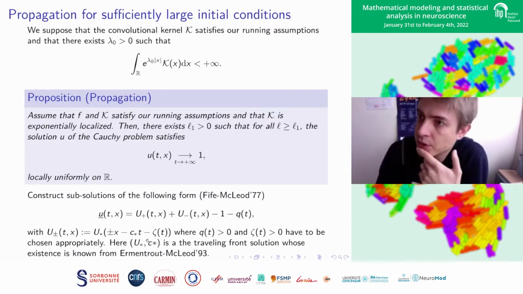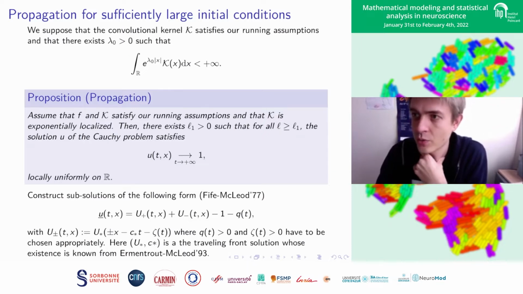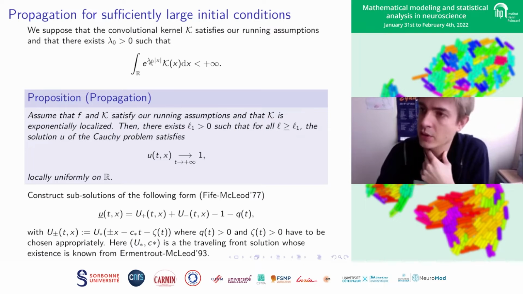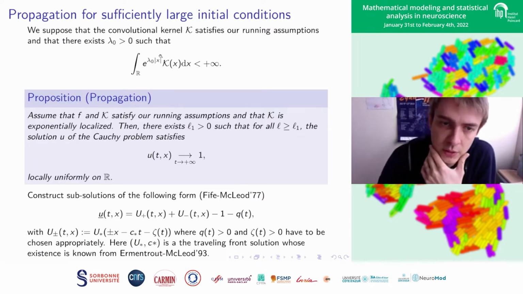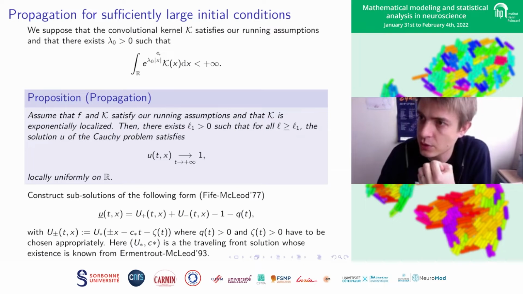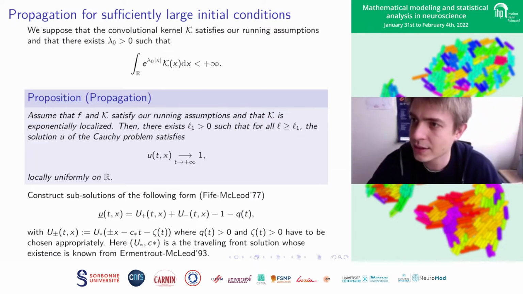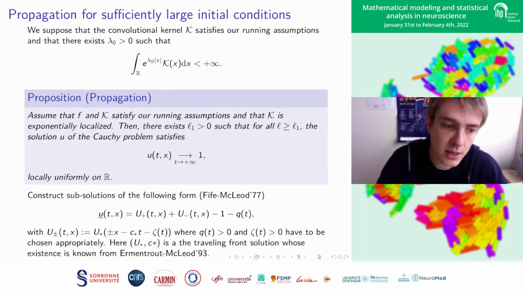And for these fronts, I need to have some information on their decay at infinity. And it's easier if they decay at some exponential rates. And this, you can ensure if the connectivity kernel also is exponentially localized. So this is why I need to introduce this technical assumption that I think should be relaxed somehow.